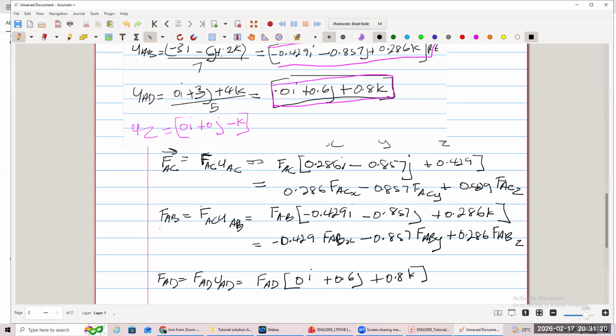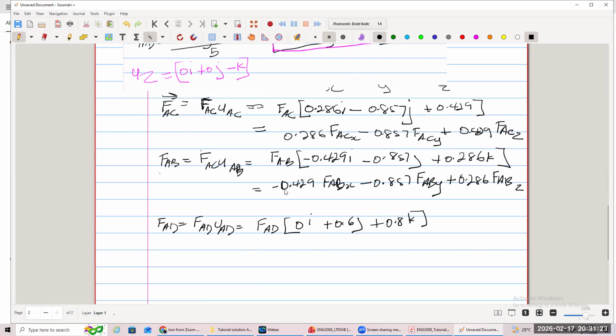And so this one will give you, the first one is 0 F_AD x plus 0.6 F_AD y plus 0.8 F_AD z. Right. So we have those three.